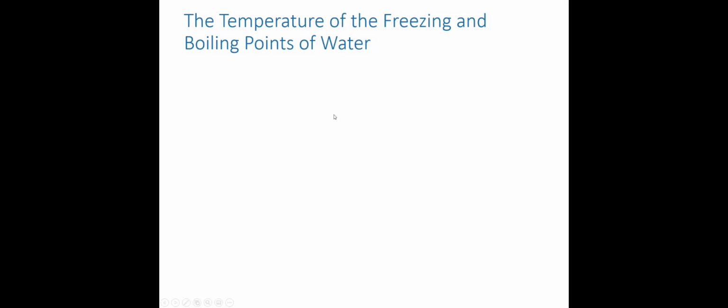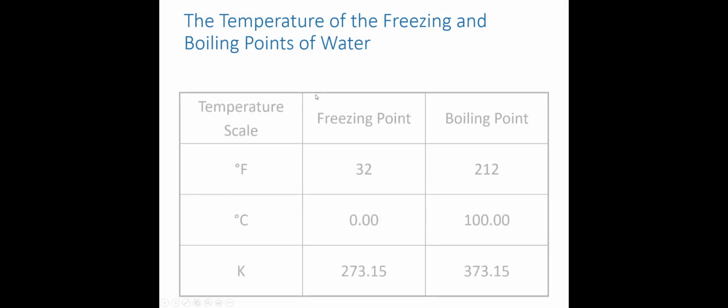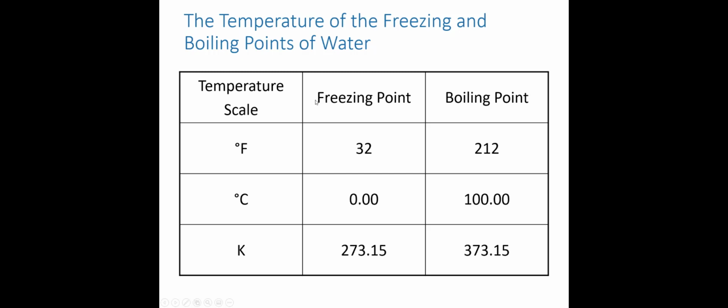So let's compare the freezing and boiling points of water using these different scales. I want to first start off by looking at Celsius. So Celsius, we see the freezing point of water is 0 degrees, and the boiling point of water is 100 degrees. That's not a coincidence. That was defined when Celsius was created.